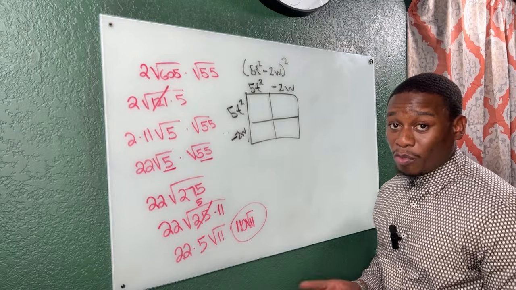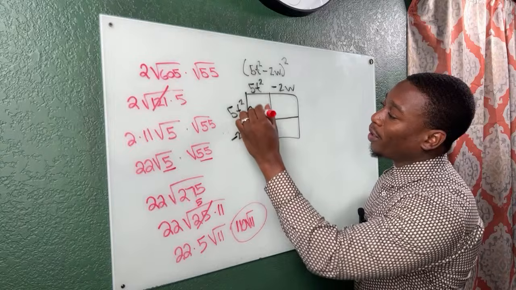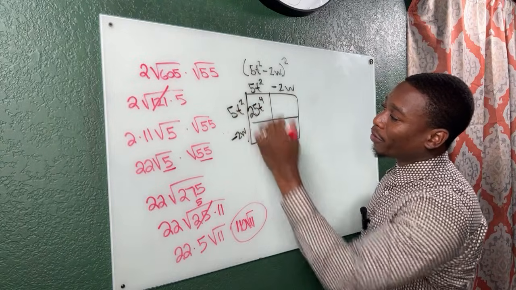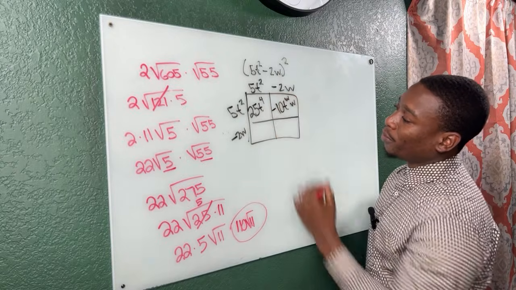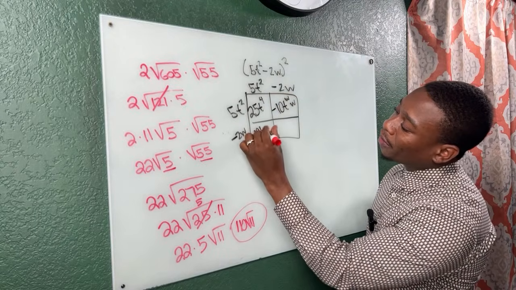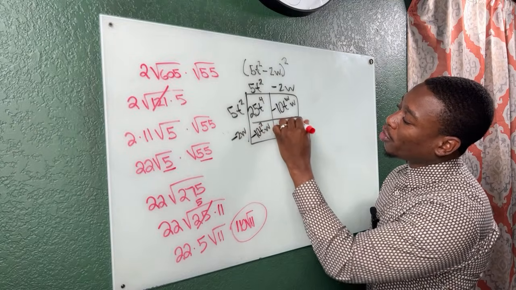And typically, when you have more than one variable, put in alphabetical order. So 25t to the fourth minus 10t squared w minus 10t squared w plus 4w squared.